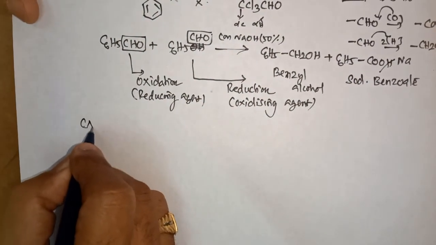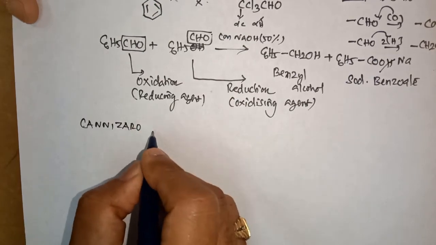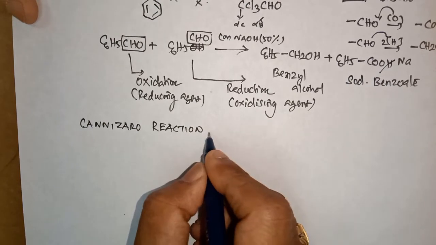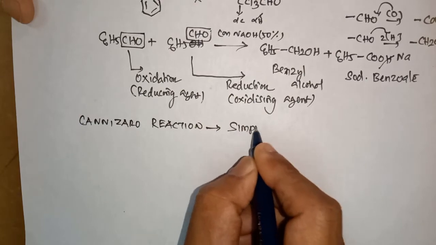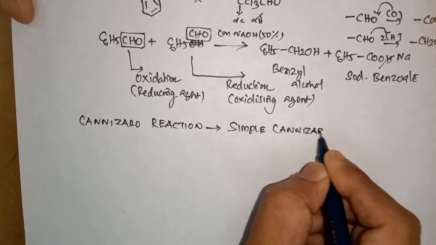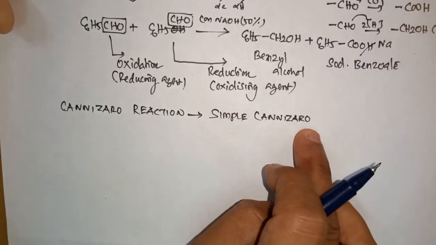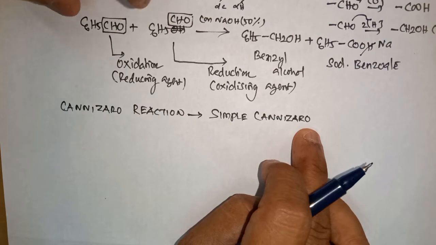So in the Cannizzaro reaction there are two types. One is called simple Cannizzaro. What is simple Cannizzaro? Simple Cannizzaro means both the aldehyde molecules involved in that reaction do not contain alpha hydrogen, and both the molecules are the same type.